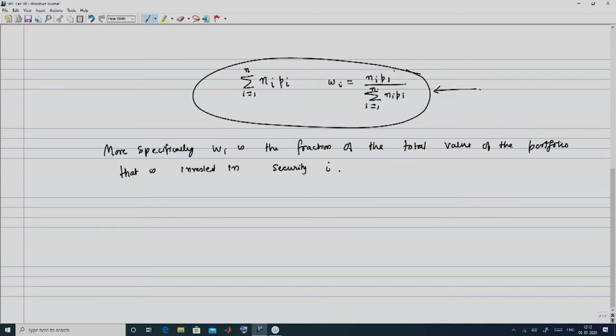That means it is the fraction of total investment in security i out of the total investment that is made in all the n number of securities.